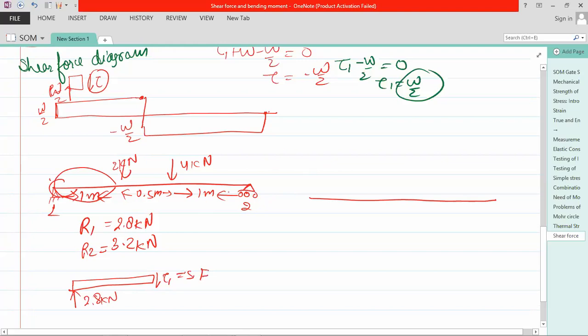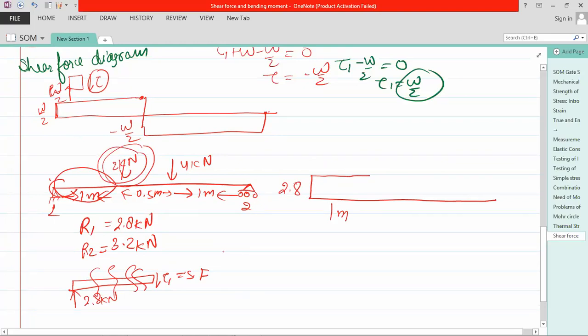This is positive in direction, and it is 2.8, and up to the next force, that is 2 kilonewton, it is equal to 2.8 kilonewton, because if you find it at any place here, it is 2.8 kilonewton, but when it reaches 1 meter length, there is 2 kilonewton force acting.